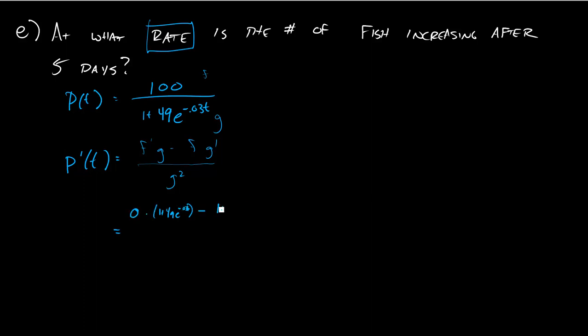Then we'll do minus 100 times g prime. Remember, g prime uses the chain rule, so we'll have 49 times negative 0.03 e to the negative 0.03 t. And then this is all divided by g squared, so 1 plus 49 e to the negative 0.03 t squared.